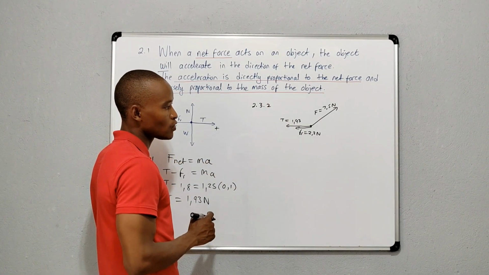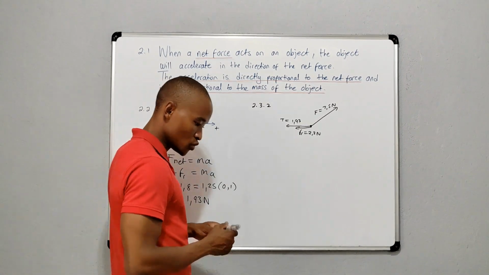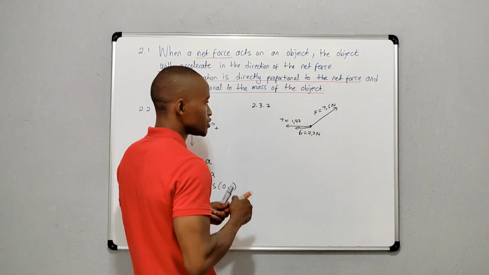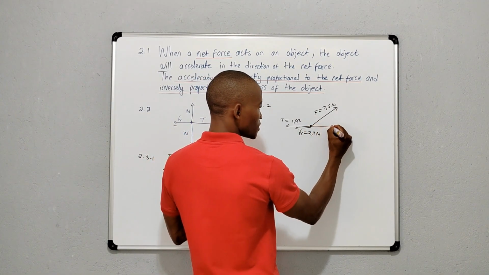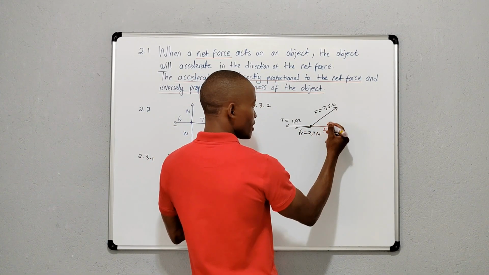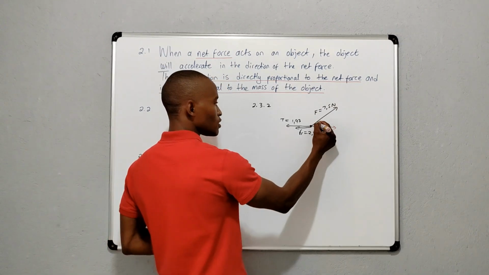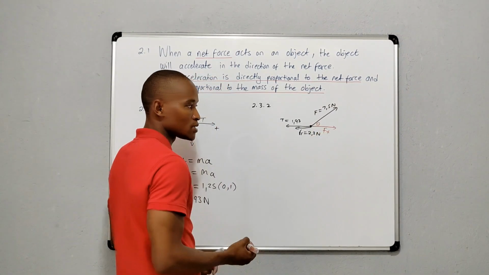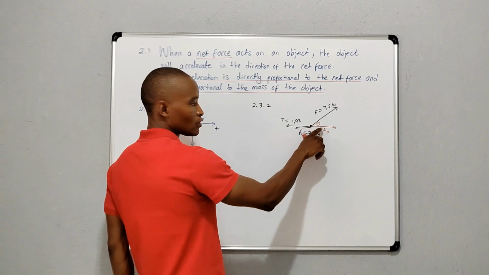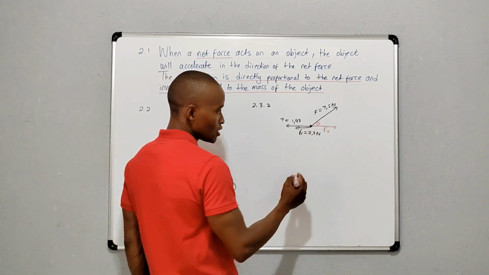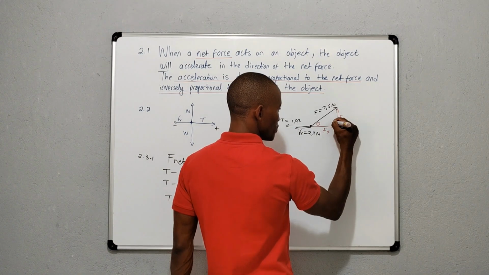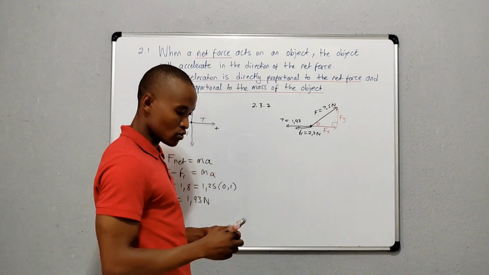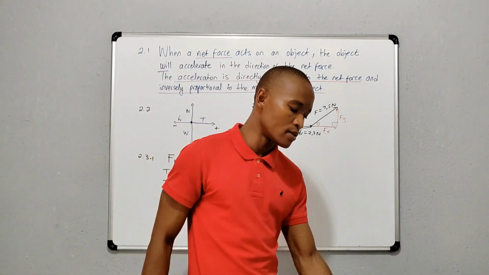So what are the forces that will contribute to the motion? These two horizontal forces going to the left, but also the x component of this diagonal force that is acting at an angle of theta to the horizontal. This Fy we don't need because there's no vertical motion happening there.